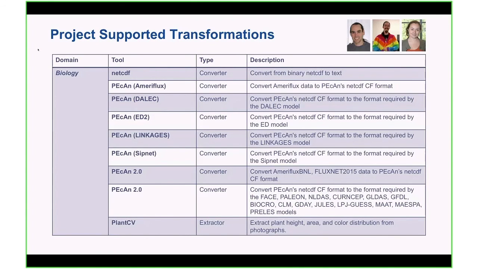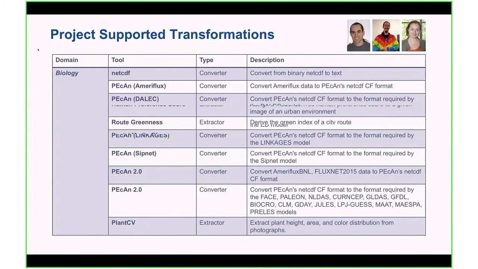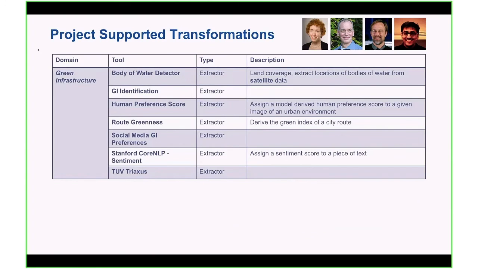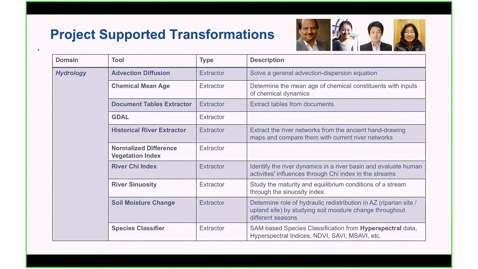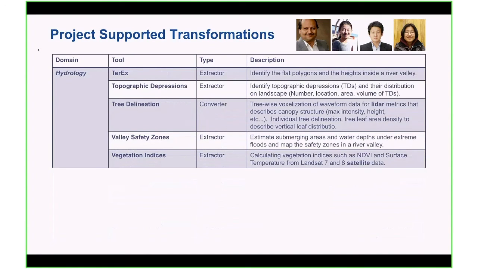This plant CV, the one here, for example, extracts traits from images of plants and so forth. Our civil engineering use cases and green infrastructure have a number of transformations with regard to GI type identification, social media stuff like human preference score extractions and so forth. Hydrology, lots of LiDAR data type stuff here in terms of finding rivers or characteristics on rivers and flood basins and so forth, and things like that.